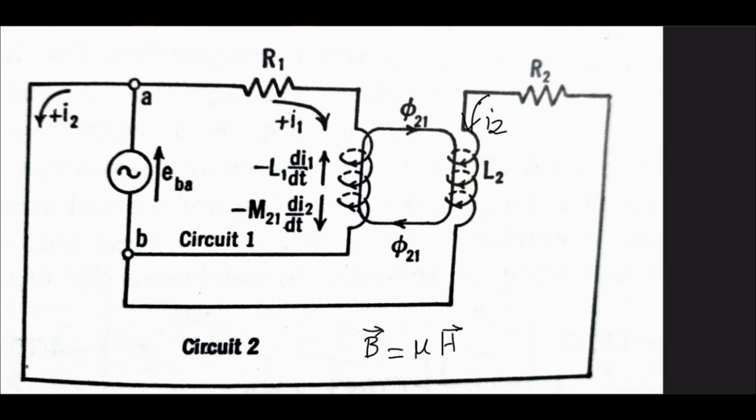Now, if that flux is getting weakened due to this minus M21 di2 dt, what you will have is more inflow of current, more I1 is required to ensure that minus L1 di1 dt can dominate minus M21 di2 dt.